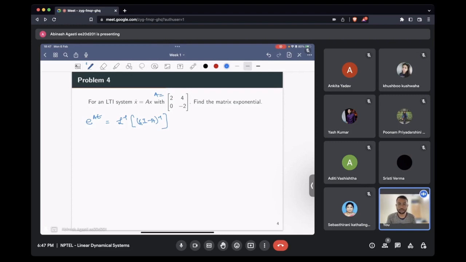Please keep trying, guys. Is anyone done, or should I start the solution, or should I wait some more?